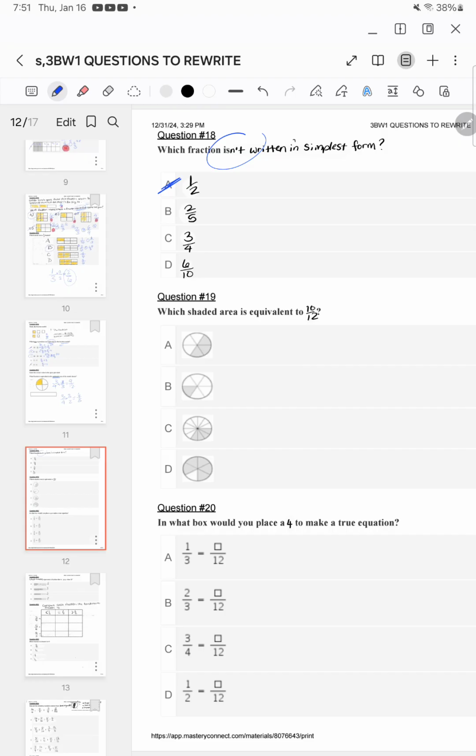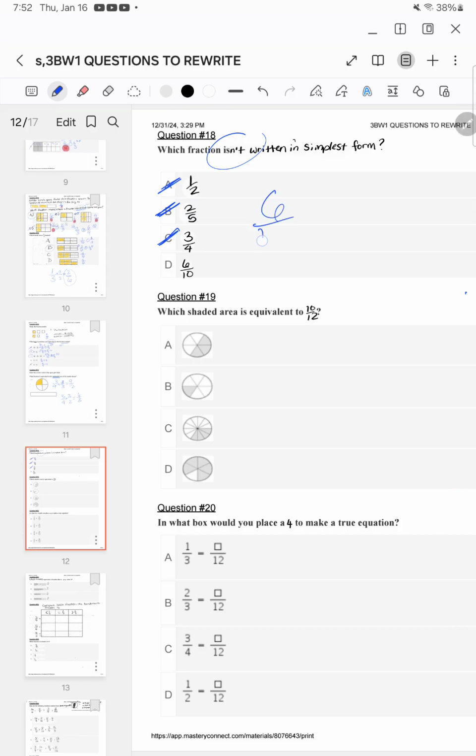So that's already simplified. 2 and 5, that's already smallest. Neither one of them could be divided and made any smaller. 3/4, again, you can't do anything. Because I can divide 4 by 2, but I can't divide 3 by 2. You just have to leave it at 3/4.